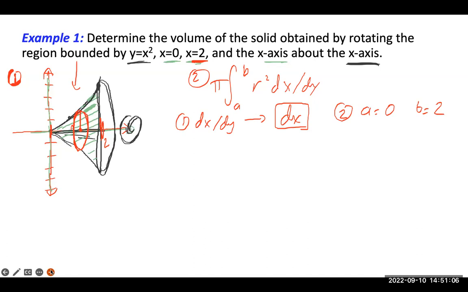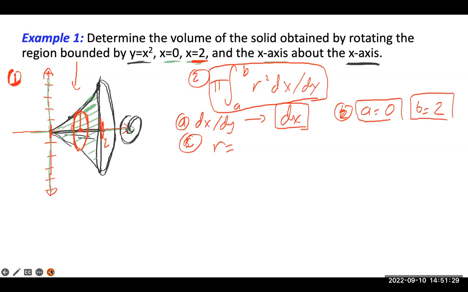Then, so this is my A, B, and C. I need to figure out what's the radius. Notice how I'm looking at the formula and trying to figure out what pieces I need. I need an A, a B, a radius, and a dx or dy. To figure out my radius, you ask, what's the distance from the axis of rotation? You're always starting at the axis of rotation because that's the middle of the circle right here.